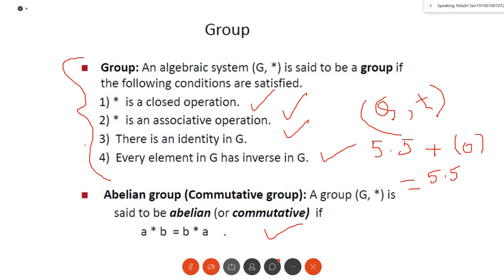Yes, so this is the identity. Identity means whatever I am adding to the number, I get back the same number. If it is rational numbers and multiplication, what will be the identity? 1. And I'm sure now you have understood.